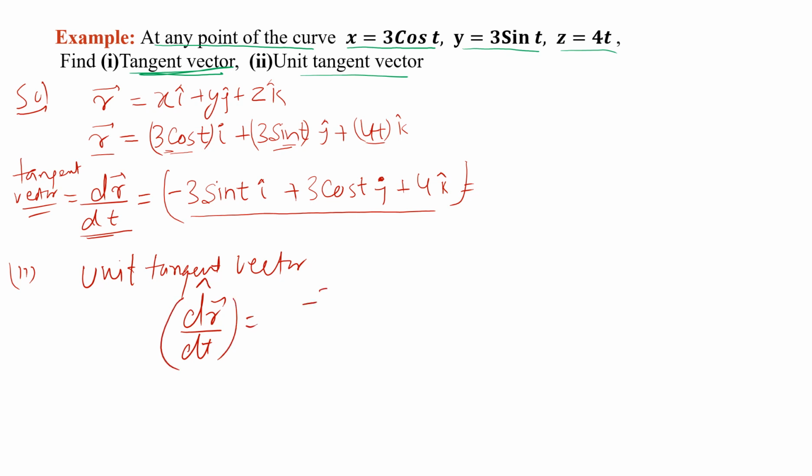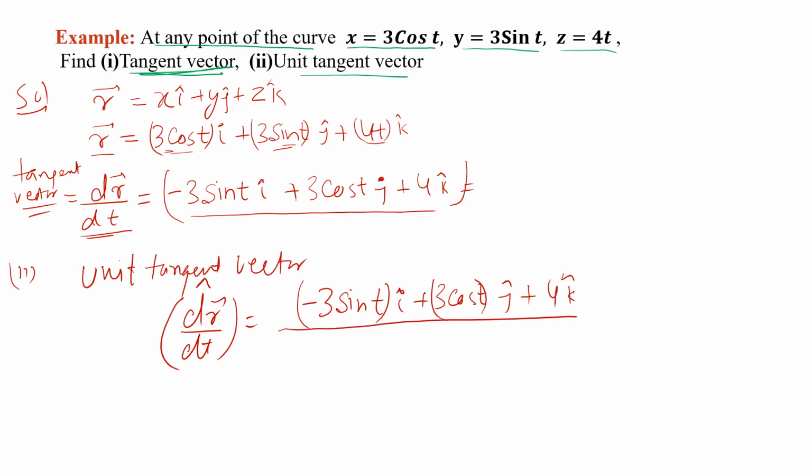We write the vector minus 3 sin t i plus 3 cos t j plus 4k and take its magnitude: the square of minus 3 sin t gives 9 sin square t, plus the square of 3 cos t gives 9 cos square t, and the square of 4 is 16.